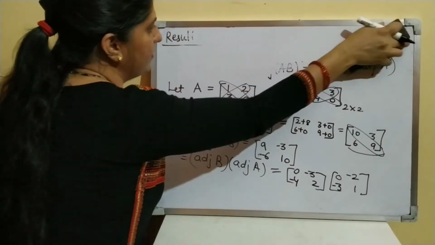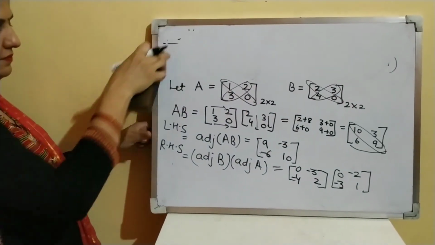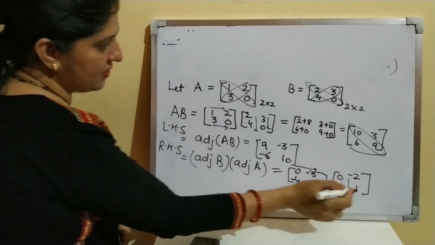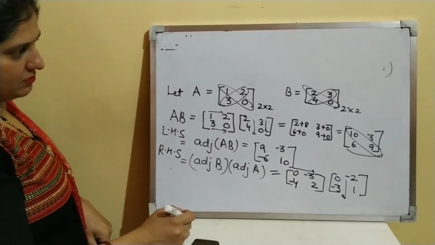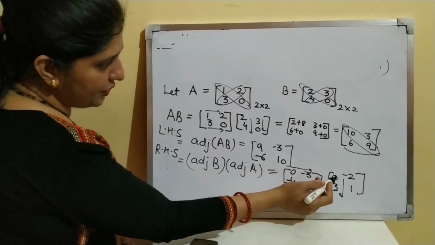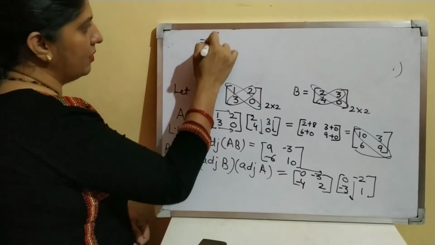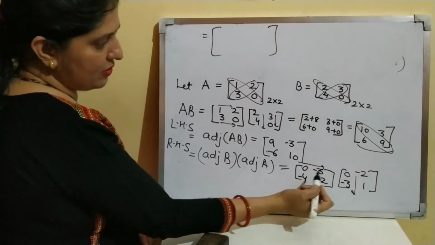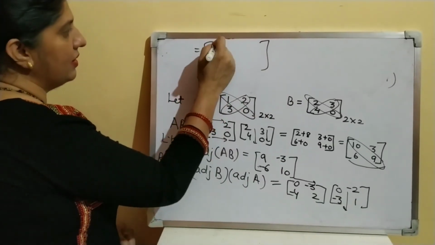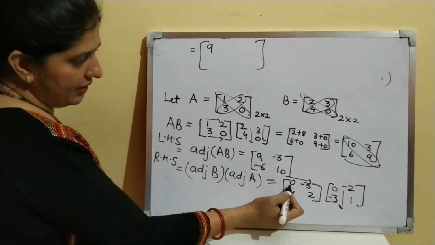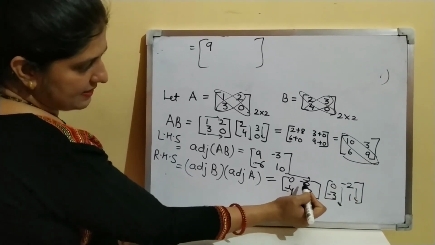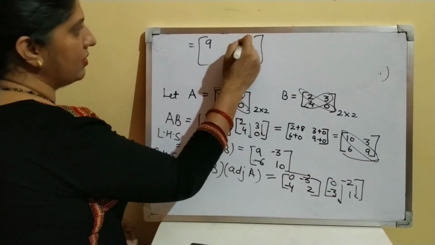What we get, see here. Multiply first row with first column: 0 into 0, 0, plus -3 into -3, 9. Next, first row with second column: 0 into -2, 0, plus -3 into 1, we get -3.